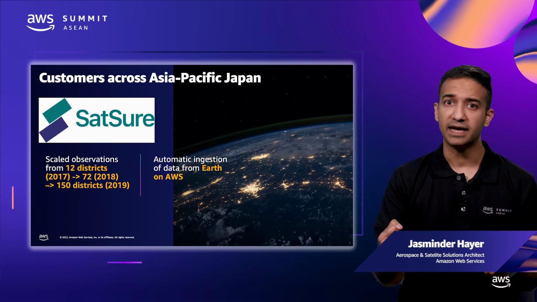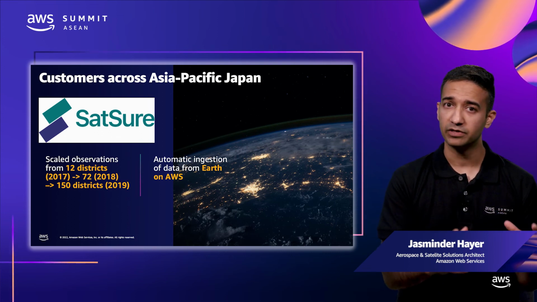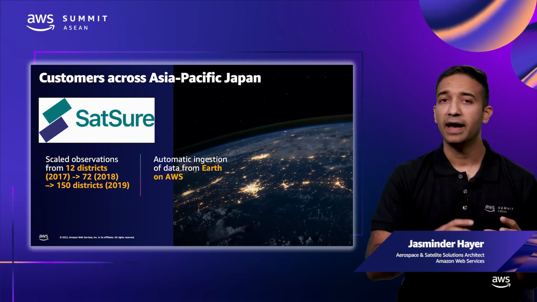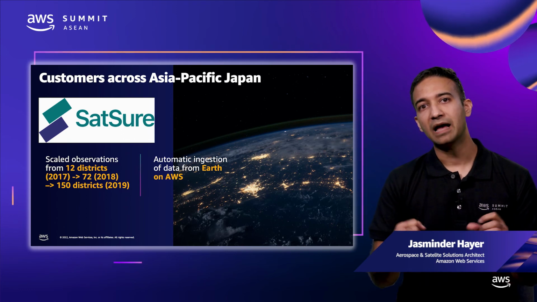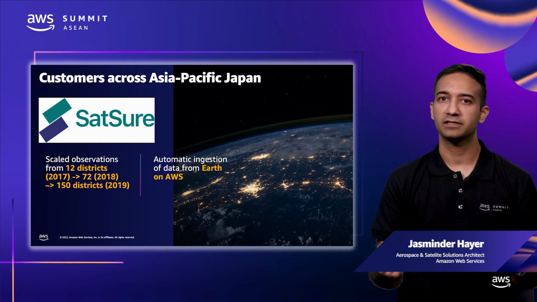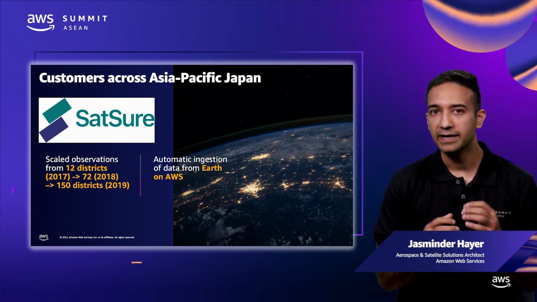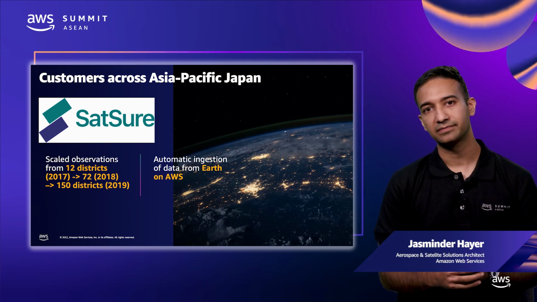They ingest satellite data from sources like Earth on AWS into Amazon S3 buckets, from where an automatic workflow triggers Amazon EC2 spot instances to derive insights for their customers. With their solution, they've been able to focus on their customer needs and requirements.